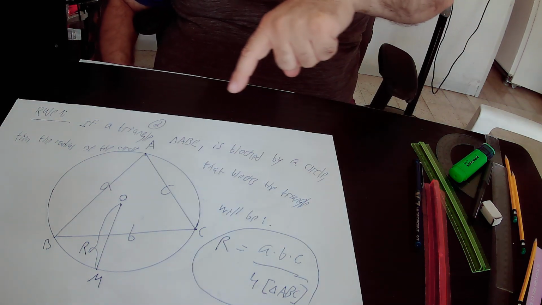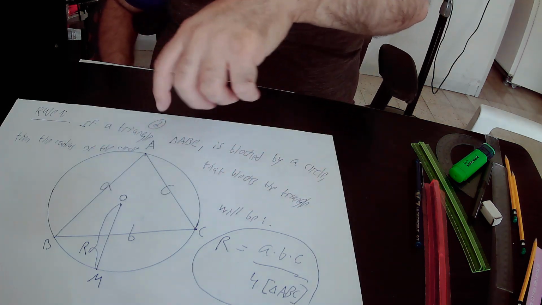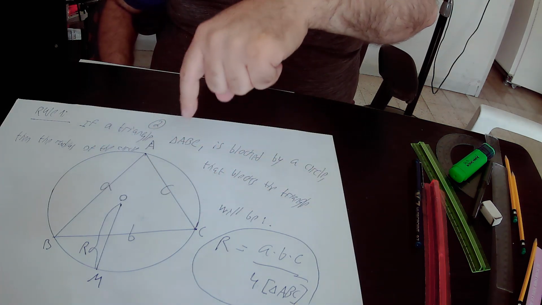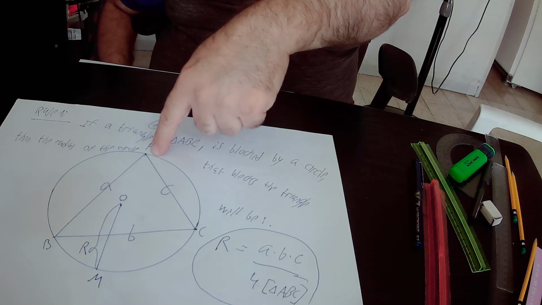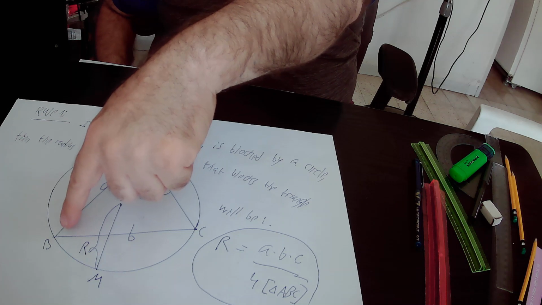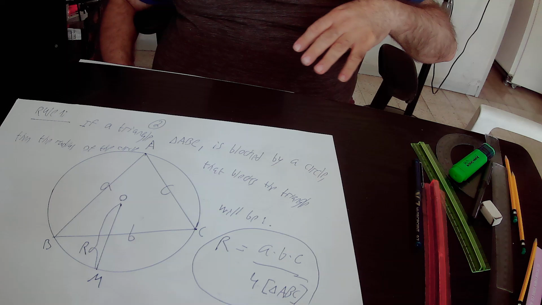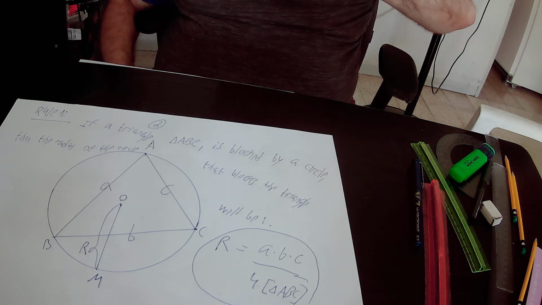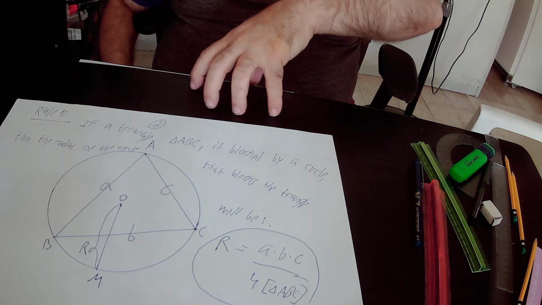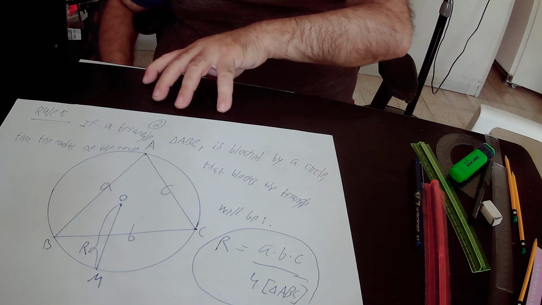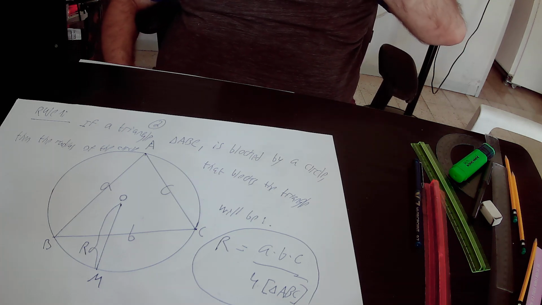Because all 3 vertices of the triangle ABC touch the circle. This vertex touches the circle at point A, this vertex touches the circle at point B, and this vertex touches the circle at point C. Only if all three vertices touch the circle can we say that the triangle is blocked by the circle. Otherwise, the triangle is not blocked by the circle.